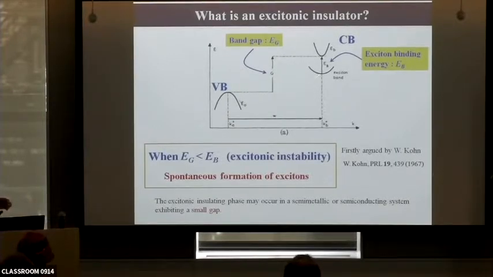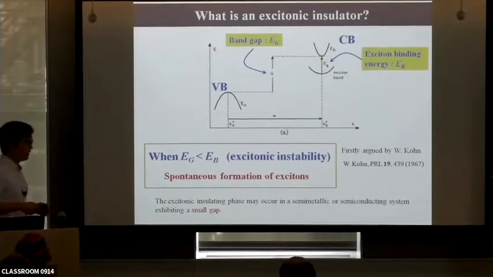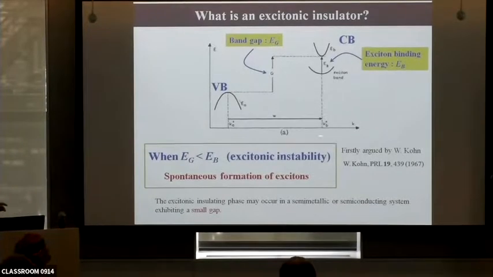The exciton binding energy can be estimated from the energy difference between the exciton band and the bottom of the conduction band. When the band gap is smaller than the exciton binding energy, excitons form spontaneously. In other words, the excitonic instability happens, and it drives the system into the excitonic insulator.